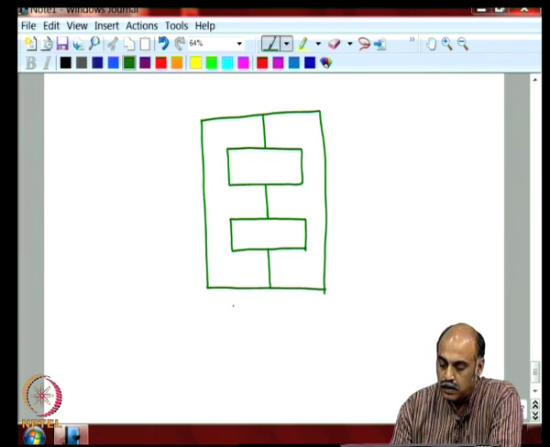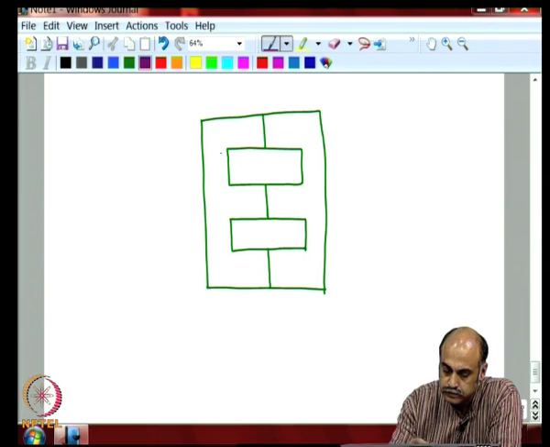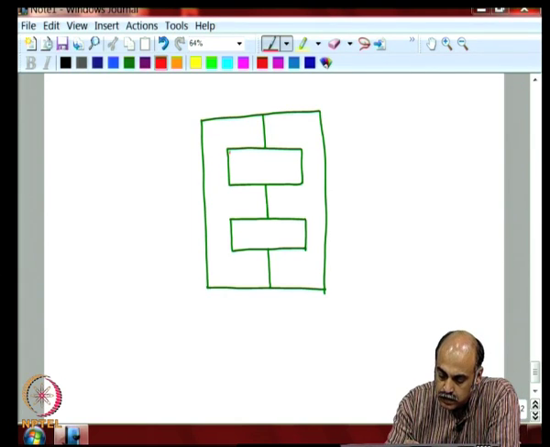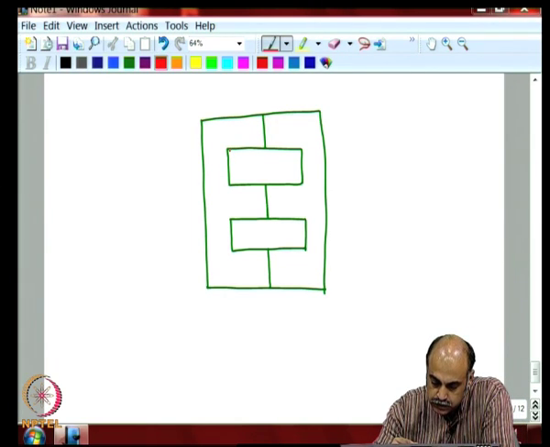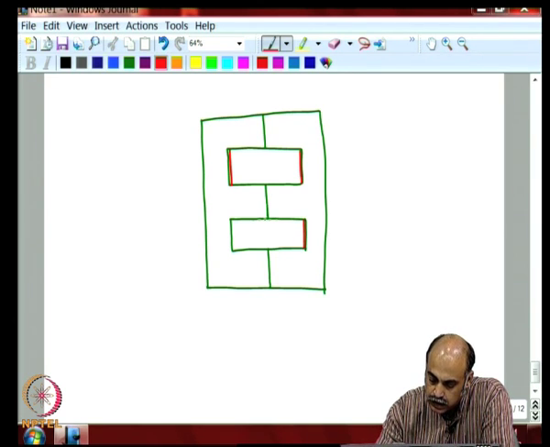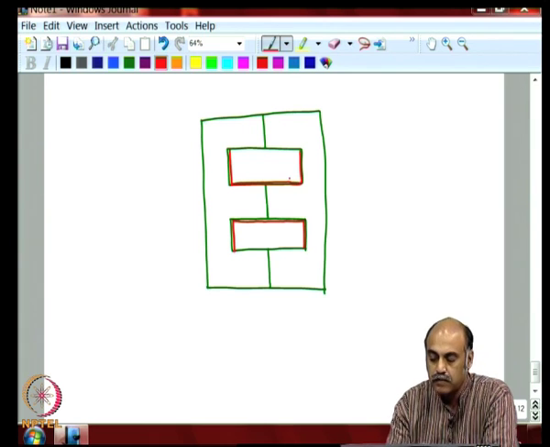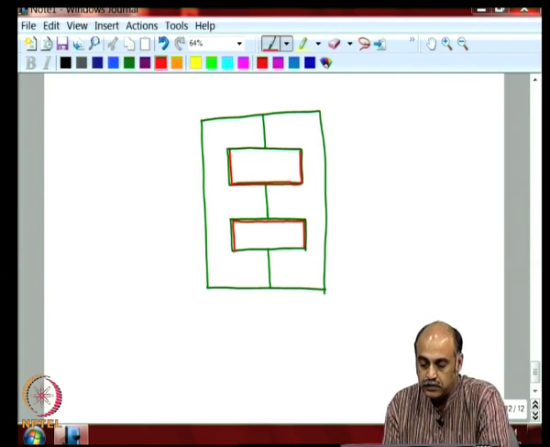And the former comes in here. The red line indicates the former.